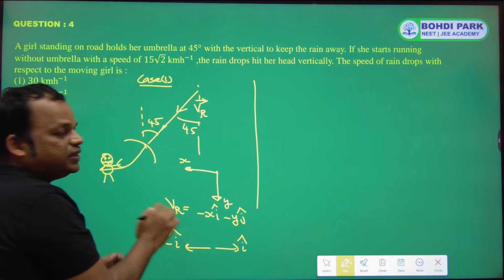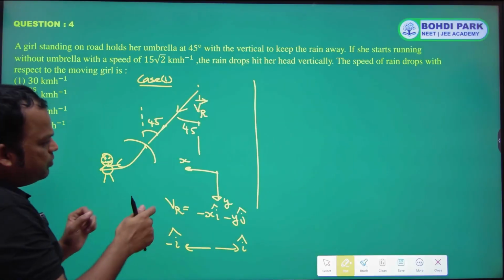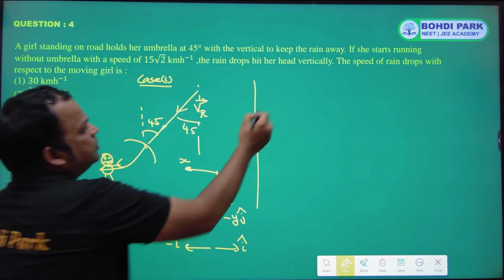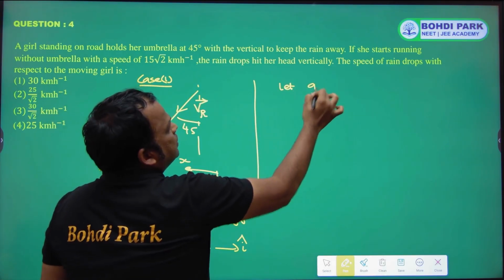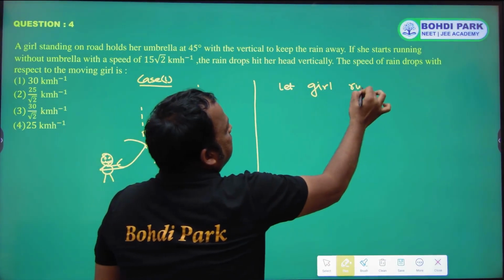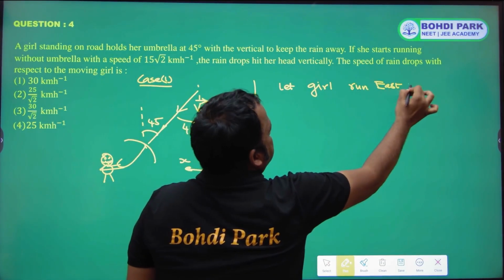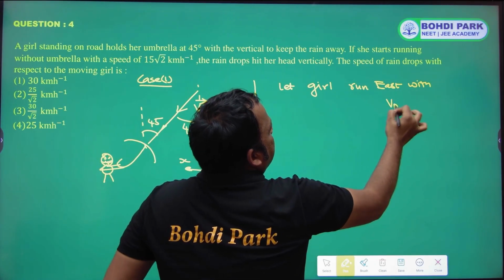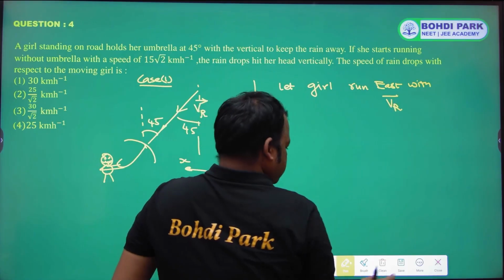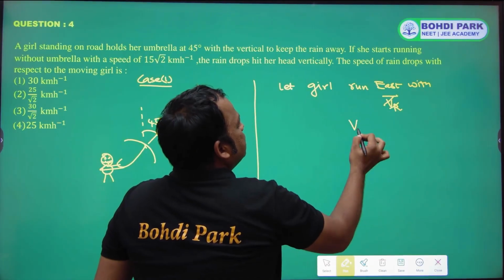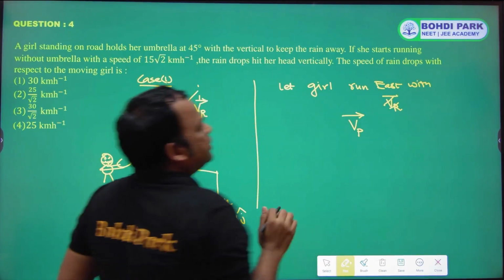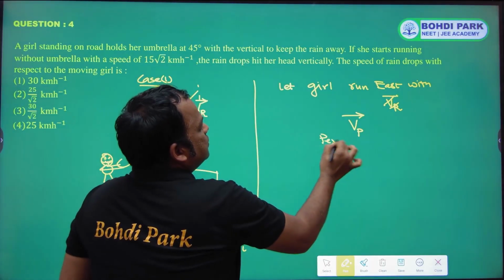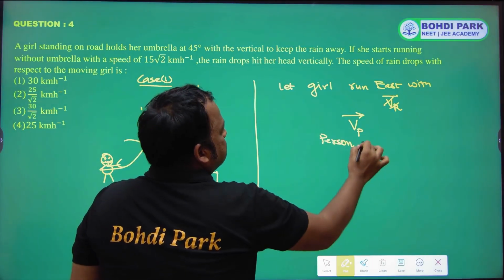Suppose we don't know which direction, so you can assume the girl runs east with velocity of person, VP vector. The girl is a person, so this is the velocity of person.